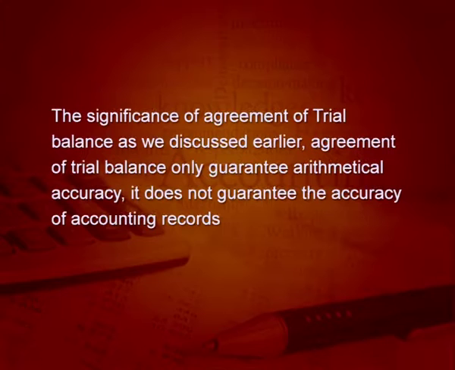Now, let us discuss the significance of the agreement of trial balance. As we discussed earlier, the agreement of trial balance only guarantees the arithmetical accuracy. It does not guarantee the accuracy of accounting records. So, in fact, there can be errors which can affect the trial balance and some errors which do not affect the trial balance.